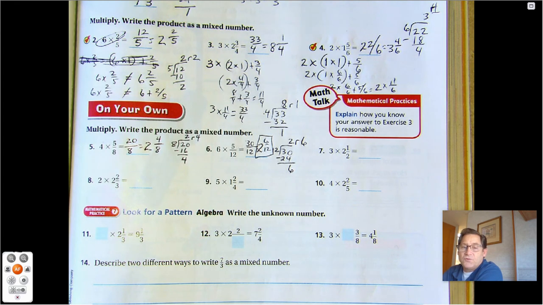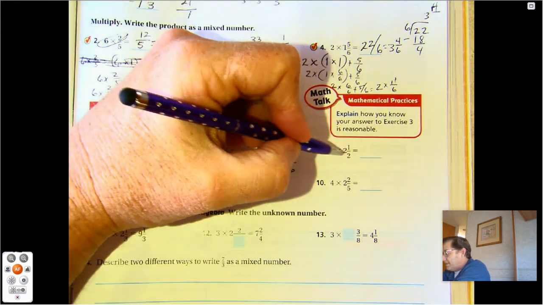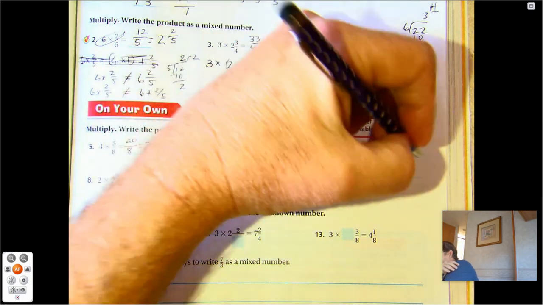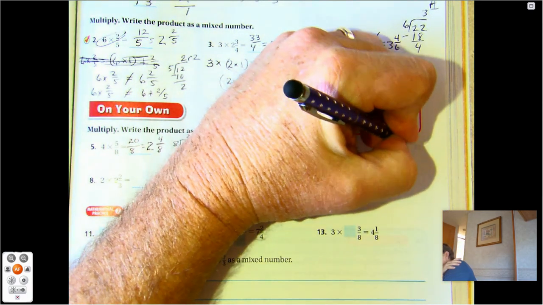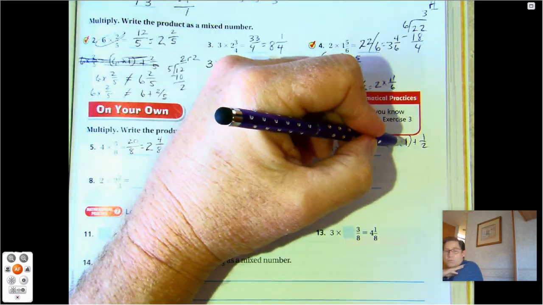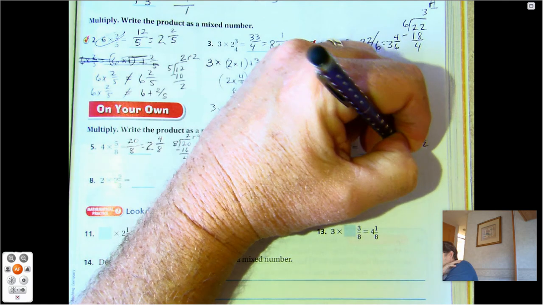3 sets of 2.5. So first we're going to change 2.5 into a fraction. Okay, so we've been doing 2 times 1 plus 1/2. Rename the 1 as 2/2.